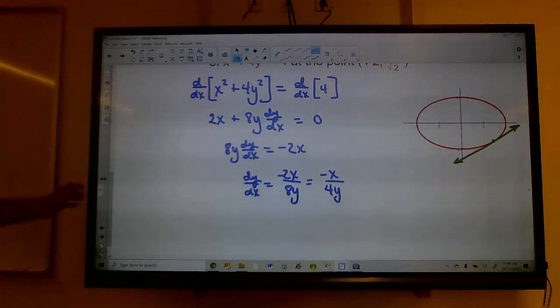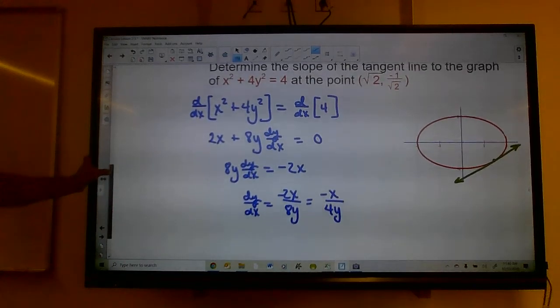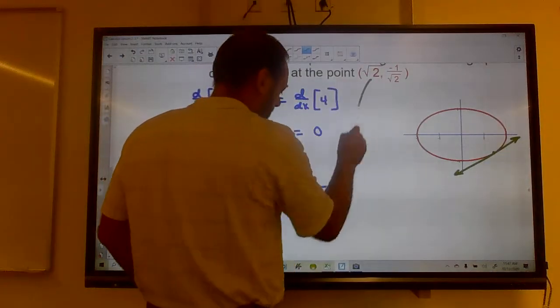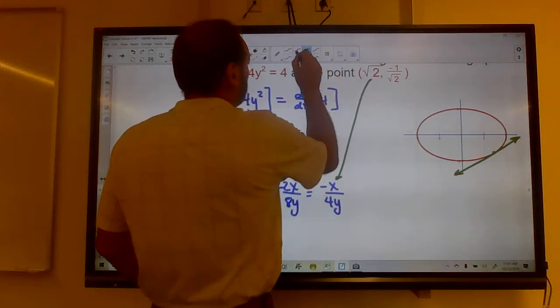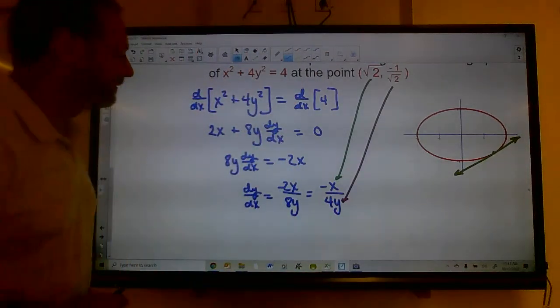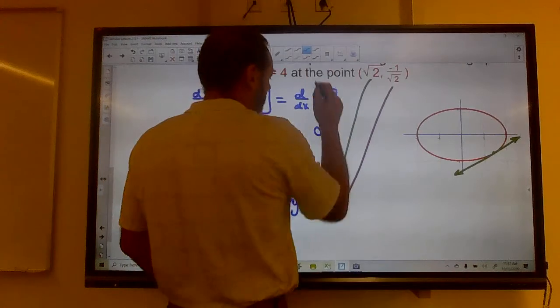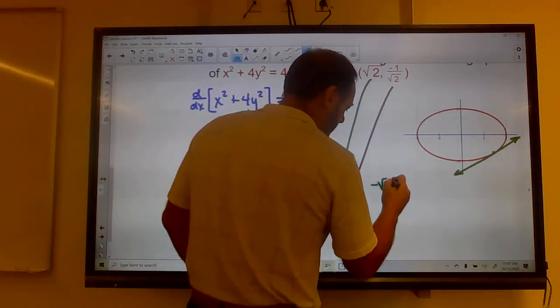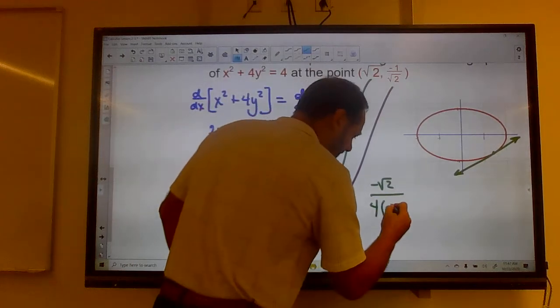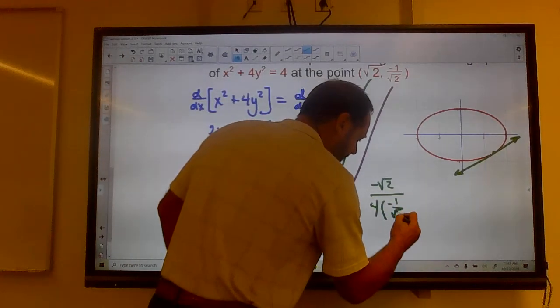Now, I'm not done because the question asked me to find the slope at that point. So I need to take the x, substitute it in here, take the y, substitute it in there. So I'm going to get negative square root of 2 over 4 times negative 1 over the square root of 2.